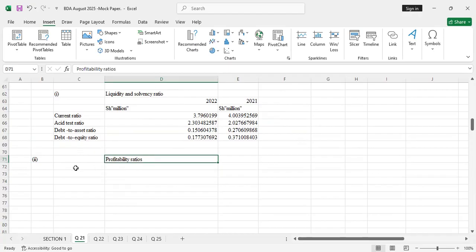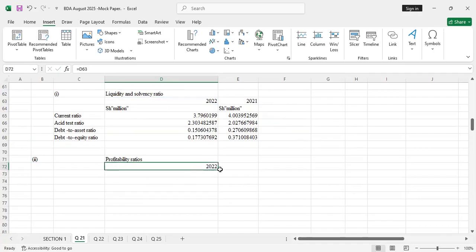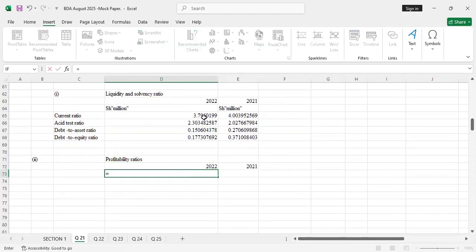Then come down to have the years. Here we'll have 2022. I'll just copy back, then I drag the 2021. Then the shillings were in millions. I'll also capture that so that when I drag it, it just copies.